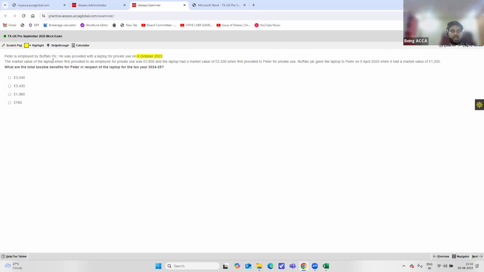Next, the market value of the laptop when first provided to an employee for private use was 3,800. And the laptop had a market value of 2,200 when first provided to Peter for private use. Buffalo PLC gave the laptop to Peter on 5th April 2025 and it had a market value of 1,200. What are the total taxable benefits for Peter in respect of the laptop for the tax year 24-25?